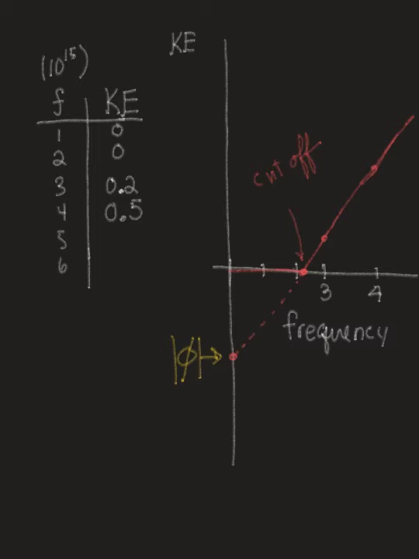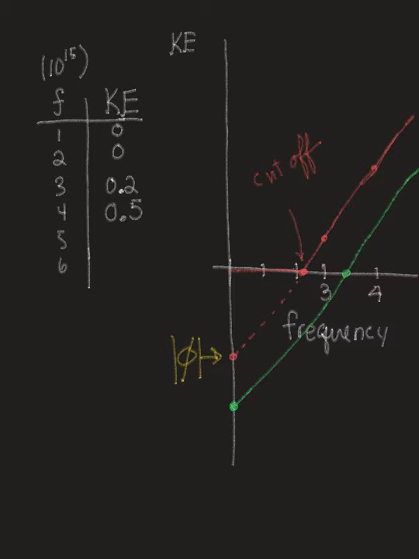So let's say we plotted a different metal. A different metal would have a graph that looks identical, except it might have a different cutoff frequency and a different work function. Notice that as your cutoff frequency increases, your work function also becomes a larger magnitude value. One thing we didn't get a chance to talk about is where we actually measure Planck's constant.